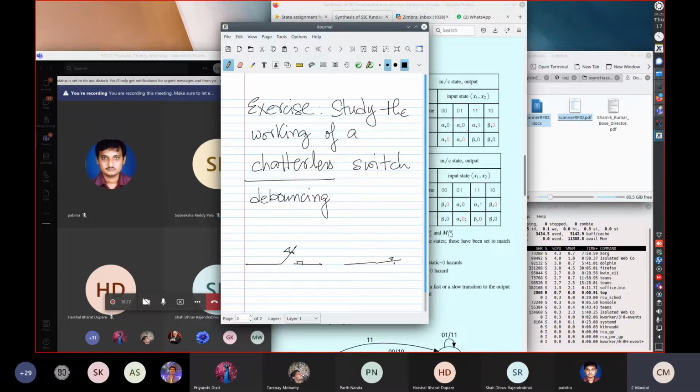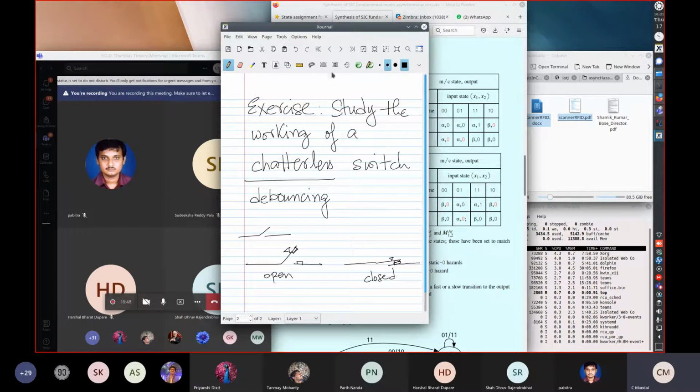The symbol of a switch is very straightforward, but I'm just showing it a little more graphically. This is how it is open, and here the switch is closed.